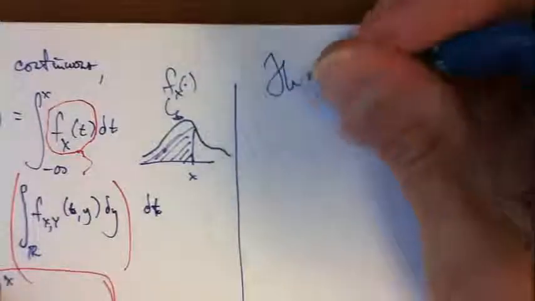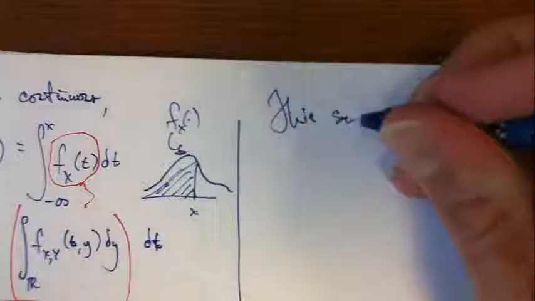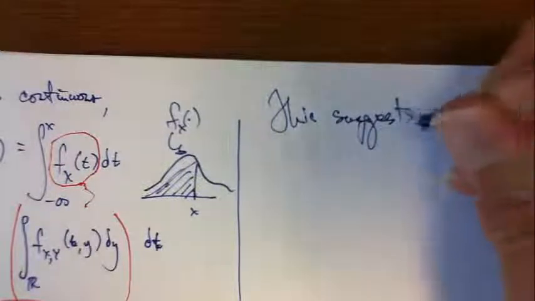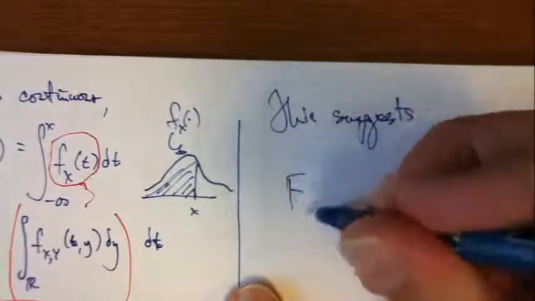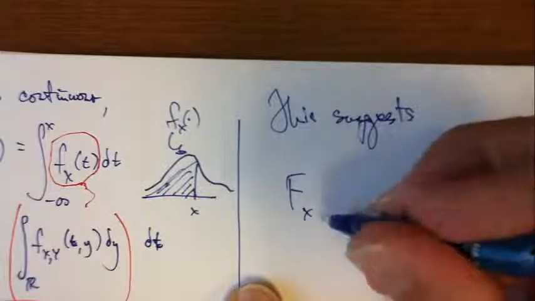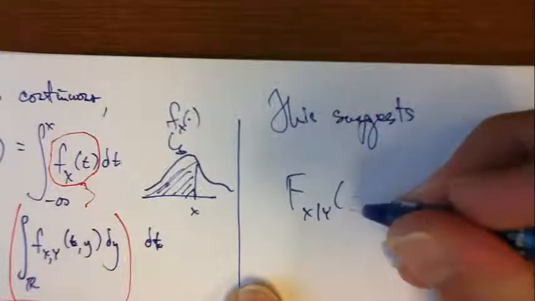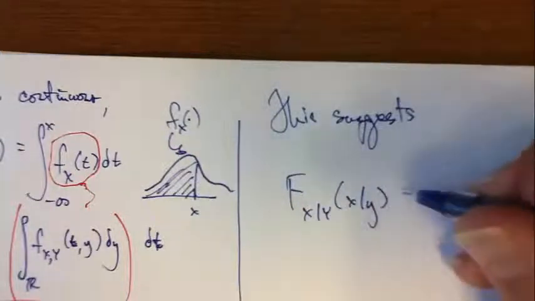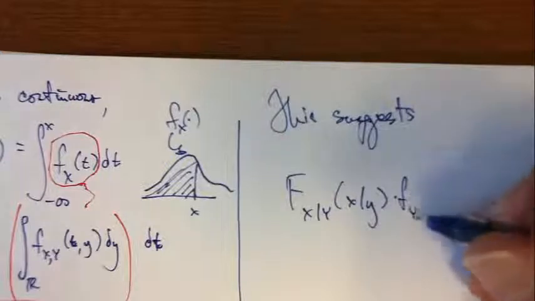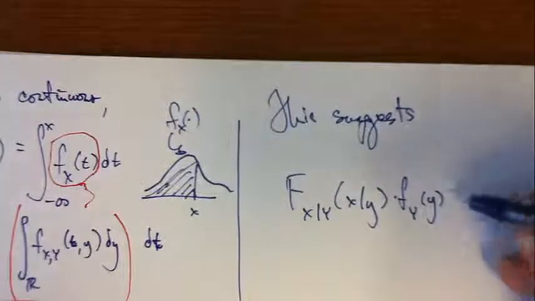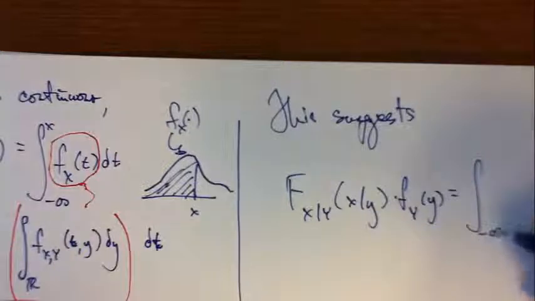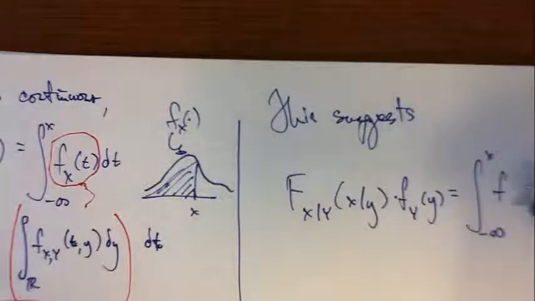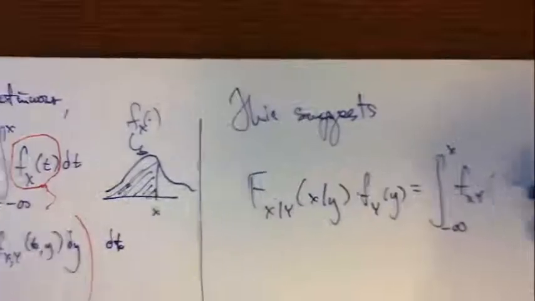This suggests you can set this conditional CDF of X given Y times the density function for Y equal to the integral from negative infinity up to x of the joint density function for X and Y, like so, right?